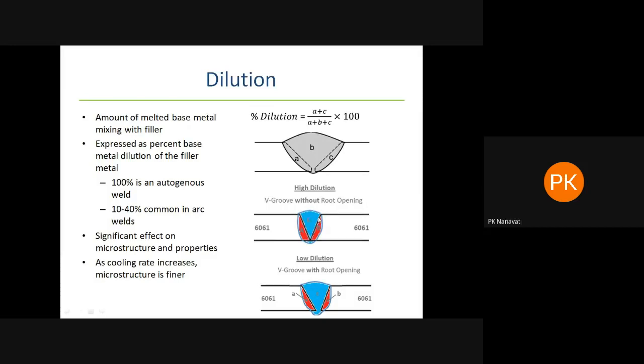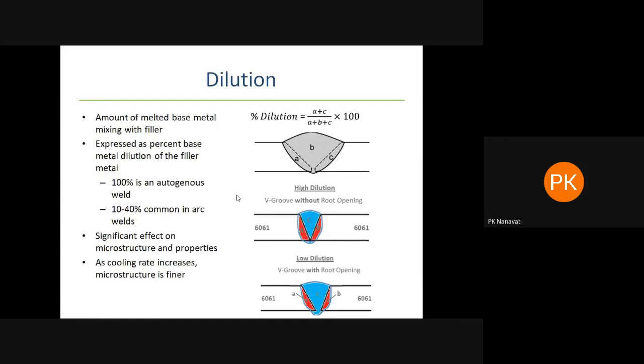So you have almost a composite kind of composition, right? So this is all about whether you go for autogenous or filler metal mode.